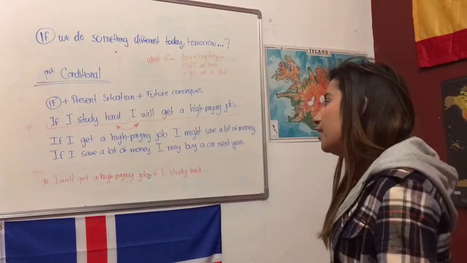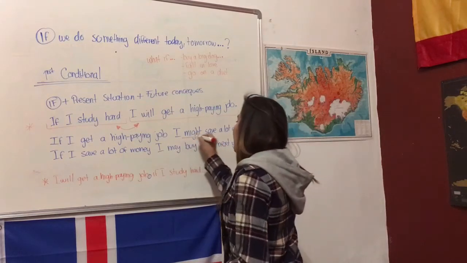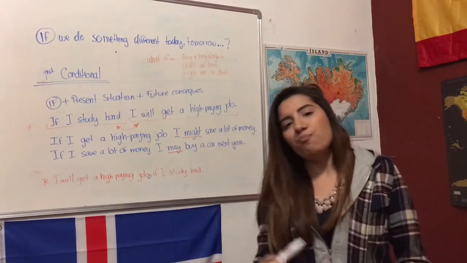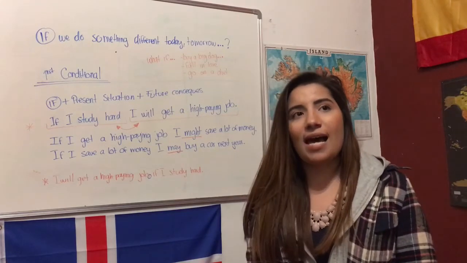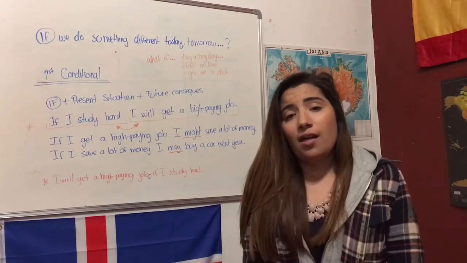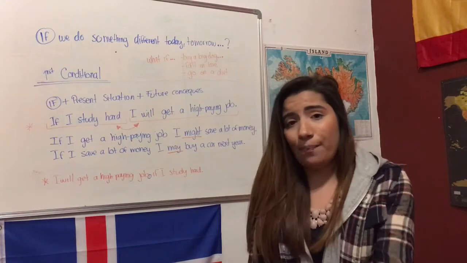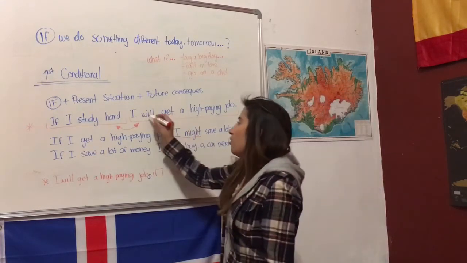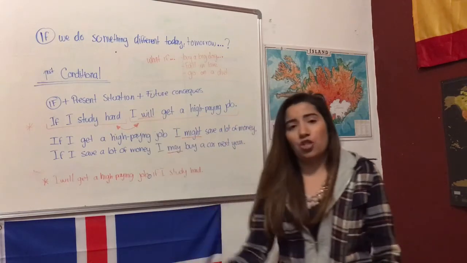Okay? And I want you to take a look at this. Might and may. These are modal verbs of possibility, which means that I am not sure that it is going to happen, but I think so. Will is a little bit more the expression of the future time.